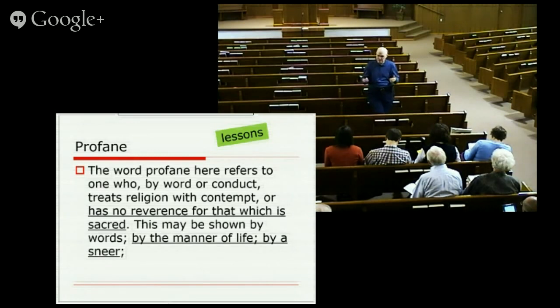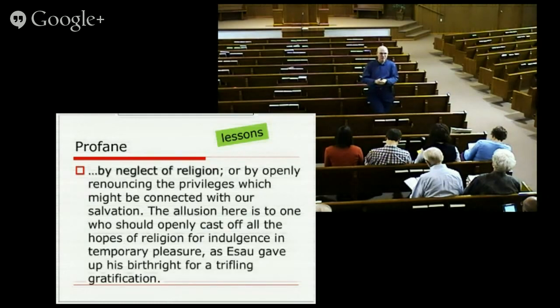So what Esau did, he didn't put it in the proper place by his manner of life. Neglect of religion, openly renouncing the privileges which might connect us with salvation. It is one who would openly cast off all hope of religion for indulgence and a temporary pleasure.